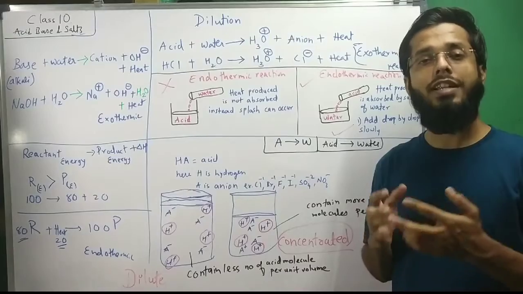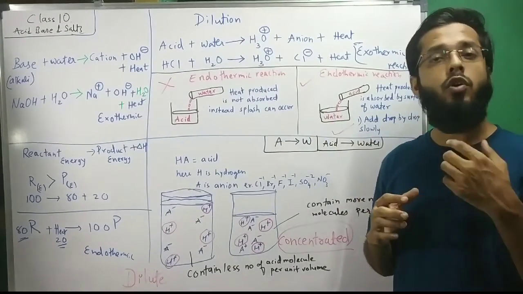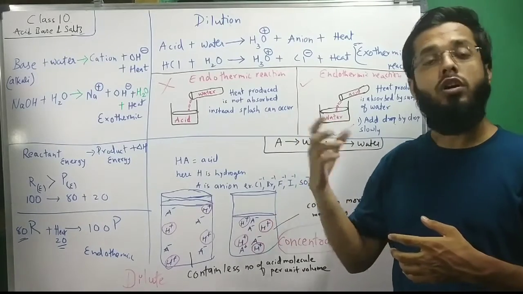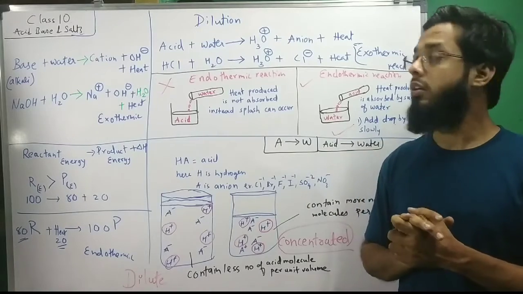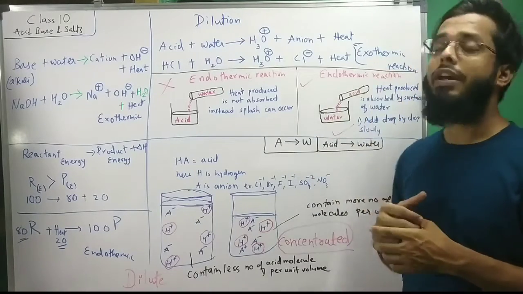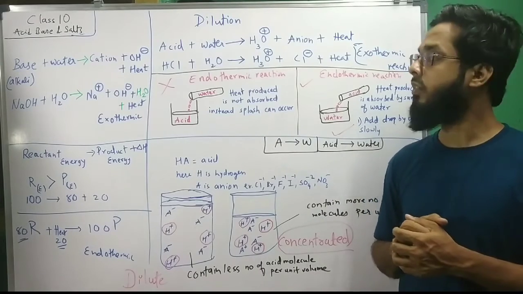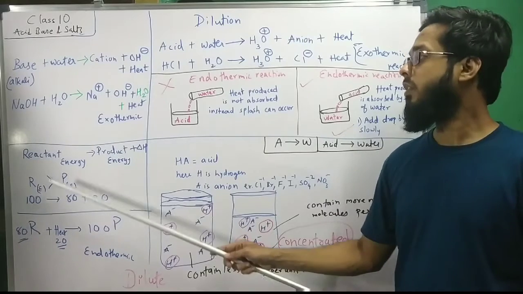So dear students, let's talk about dilution. When we are talking about adding water to acid or water to base or vice versa, there is always evolution of heat, because it's an exothermic reaction. So first understand what an exothermic reaction is.